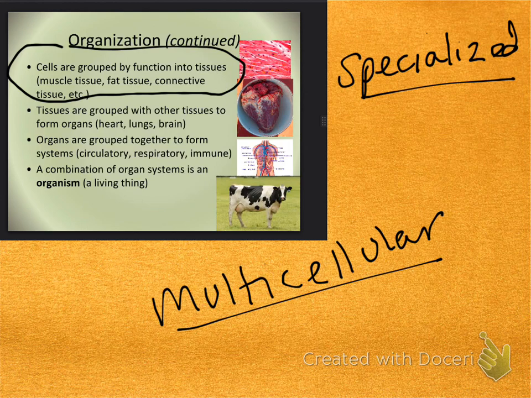If we put a bunch of tissues together, we start to form organs. Your heart, the thing that's keeping you alive right now, is a bunch of muscle tissue. It's some connective tissue. It's some fatty tissue. It's some of what we call vascular tissue, that's blood vessels. And those tissues together form an organ.